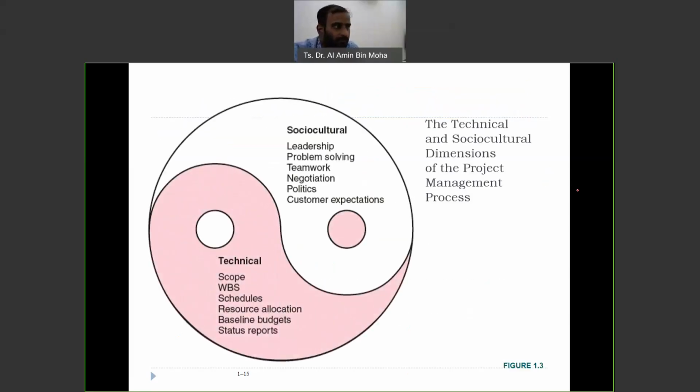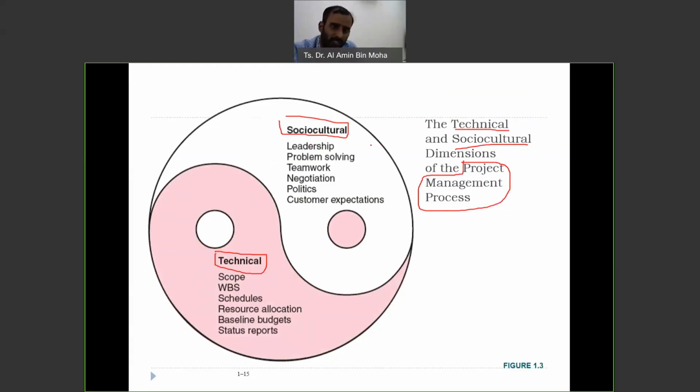So here are the technical and socio-cultural dimensions of the project management process. We have two: one is technical, and the second one is the socio-cultural dimension. What is sociocultural?